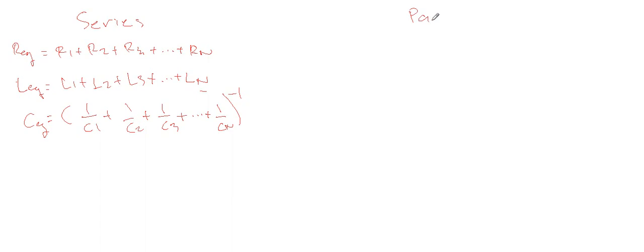While for parallel, we have R equivalent natin is simply the inverse of 1 over R1 plus 1 over R2 plus 1 over R3 plus that plus 1 over Rn. Inverse yan. We have that inverse.